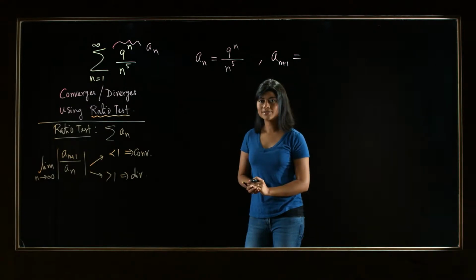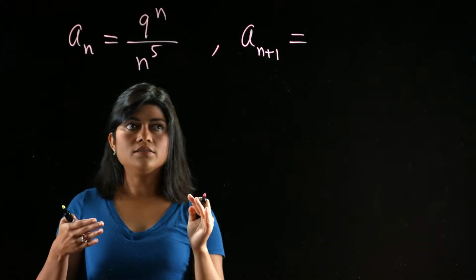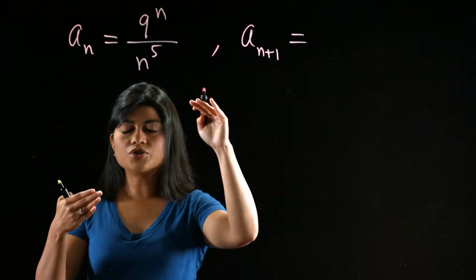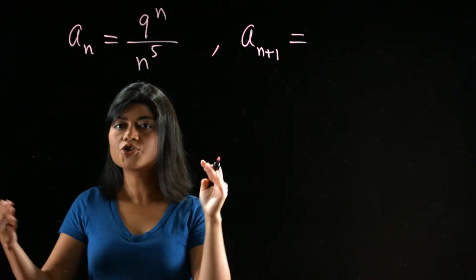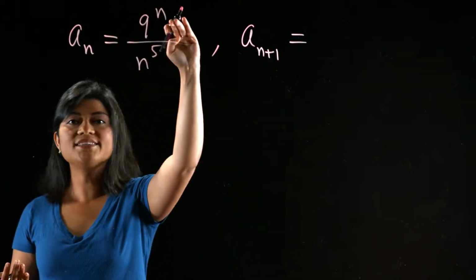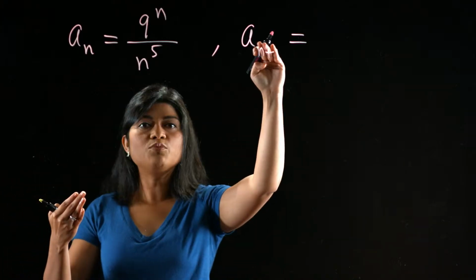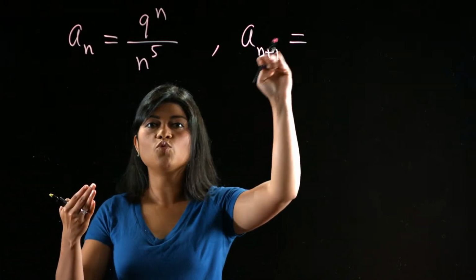Now how do we do that? Look, it's nothing but evaluating a function. Remember when you evaluated a function at a point, it's exactly the same thing. This is a function and n is the variable. Now you have to write down what the function value will be at n plus 1.